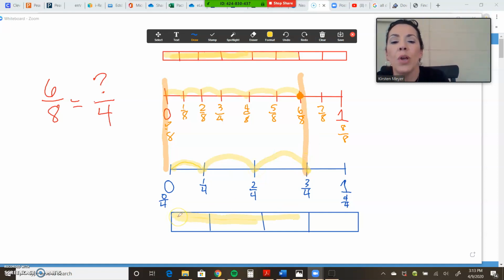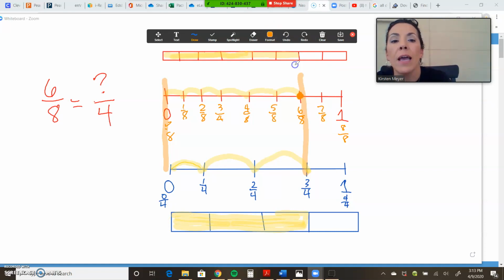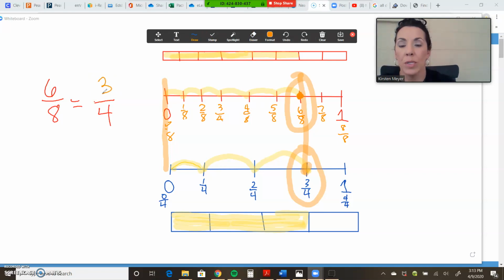So if I were to go 3 out of the 4, or 3/4, I can see that 6/8 and 3/4 are showing me the same amount. That means that 6/8 is equivalent to 3/4.